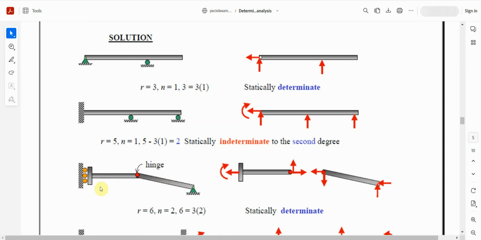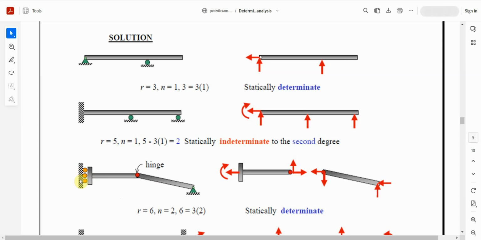How many reactions do we have? For this particular one, it's very dicey because we have a kind of fixed and roller support.